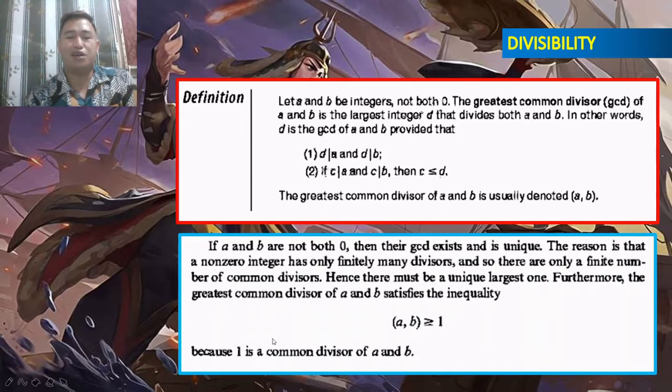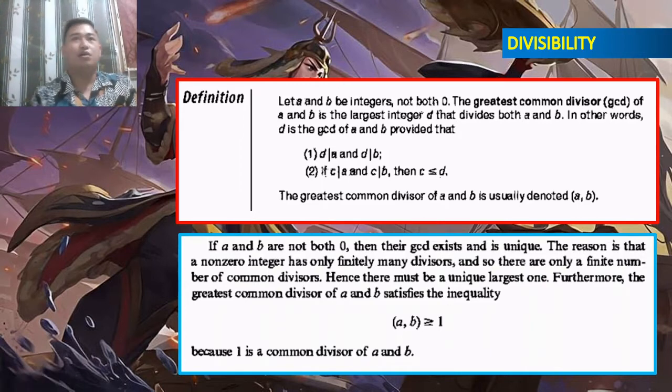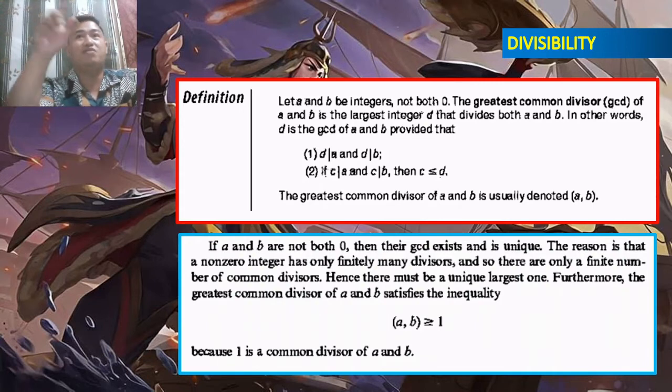So, furthermore, the greatest common divisor of A and B satisfies this inequality. The GCD is greater than or equal to 1. Nga di ba pwede ma-0? Hindi pwede 0 class kaya kung mag-GCD ka. Ang GCD na ba ang mo divide sa number niya? 0, divide ni mo divide sa number.